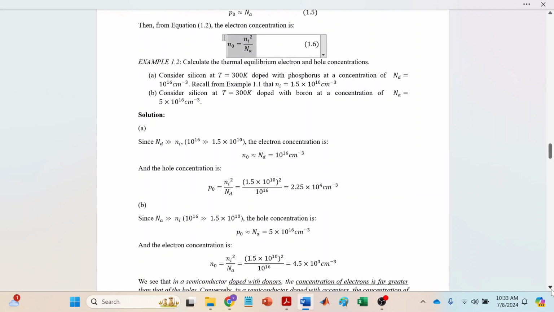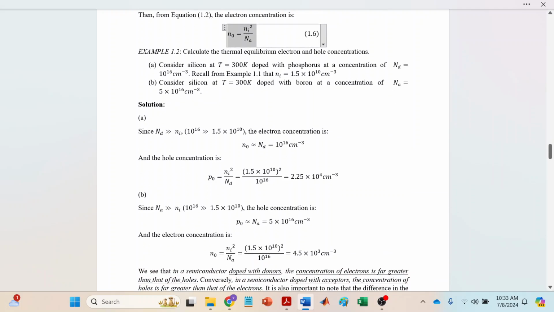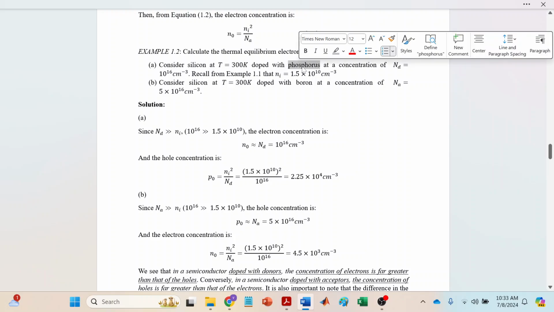So we want to calculate the thermal equilibrium concentration of holes and electrons that exist in a semiconductor material. For the first case, we have a silicon atom that is doped with phosphorus. Remember that phosphorus creates electrons, so you have donor atoms.